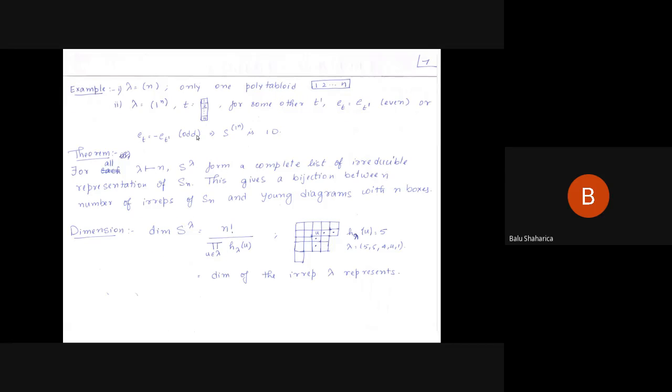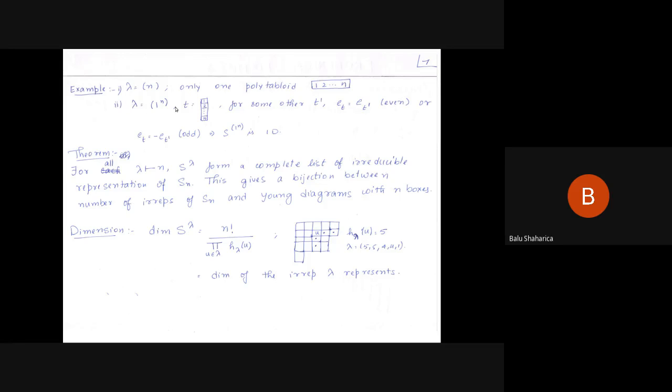So here is an example when my T is an n-cycle, and all the permutations that fix the column. Basically, this tabloid is fixed by the entire Sn. This is again the trivial representation.